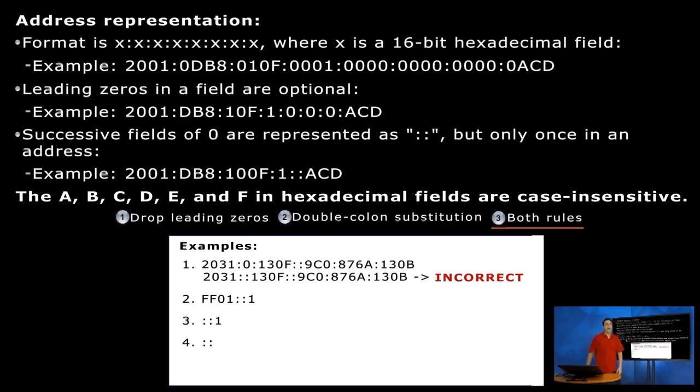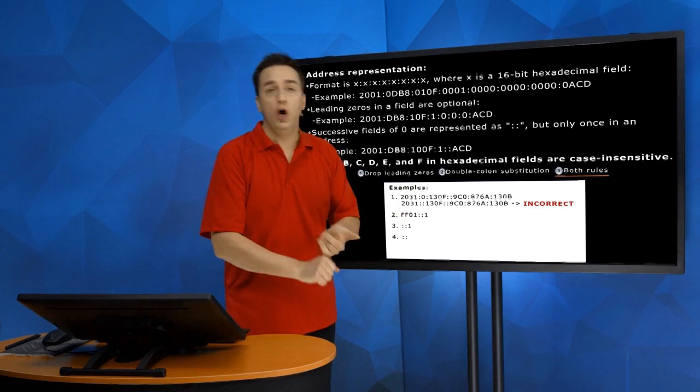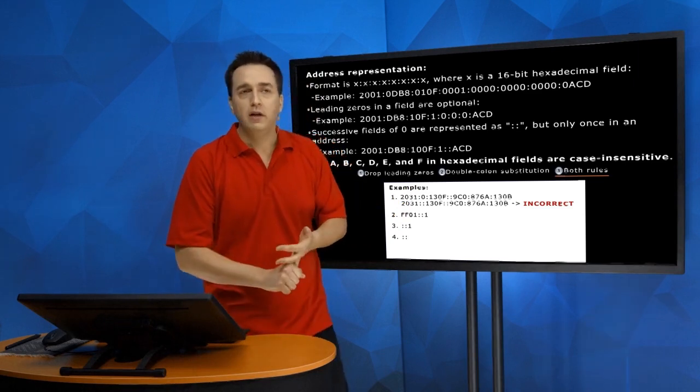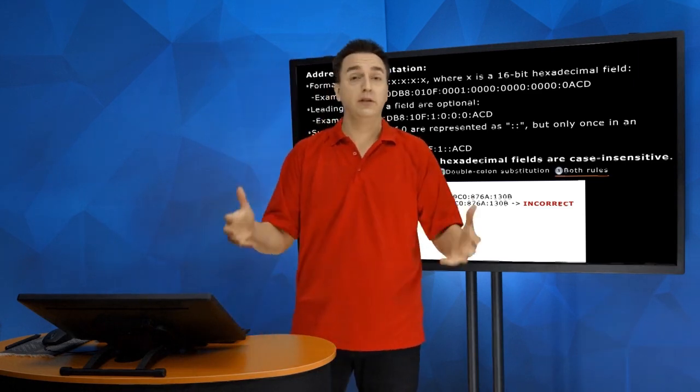And what if you saw an address with a character of G in it? G is not a valid hexadecimal character. It's 0 through 9 and then A, B, C, D, E, and F. G is not valid, so that would also be an invalid address. Everything I'm referring to as invalid, you would not be able to configure on a host or on a router, because they're programmed not to accept those values.